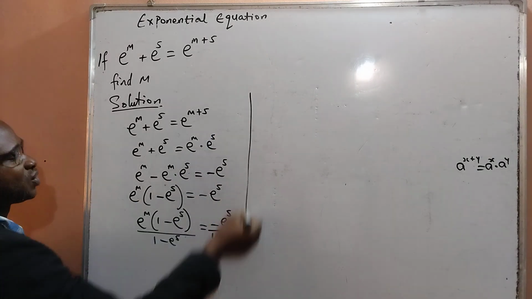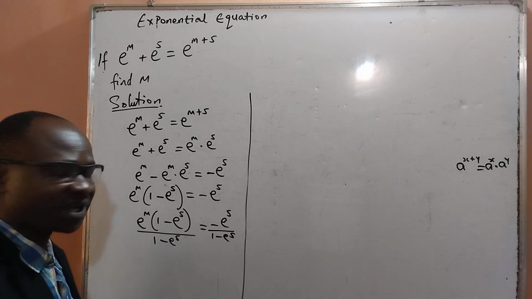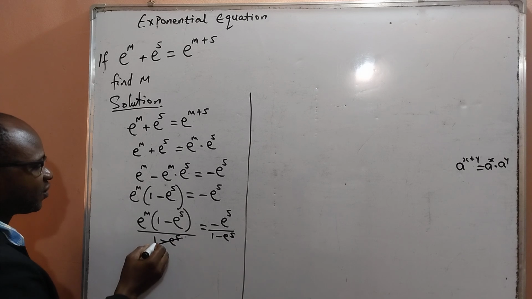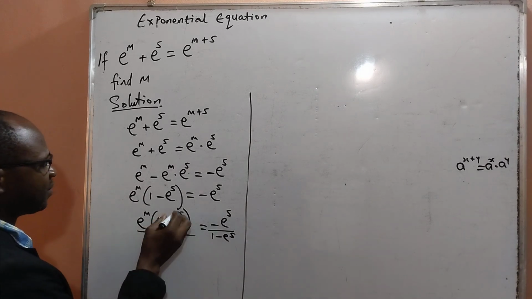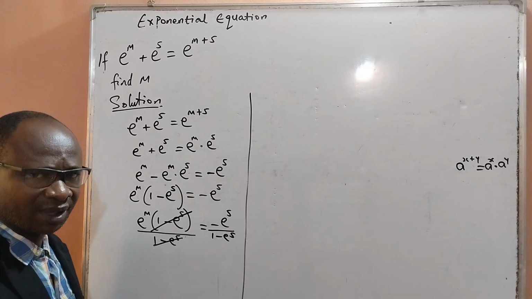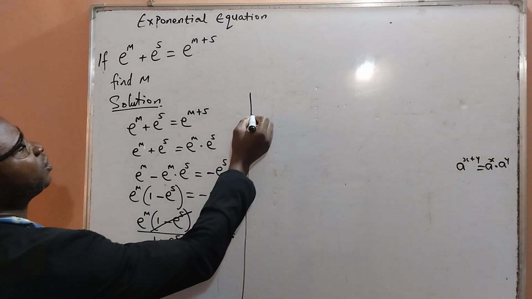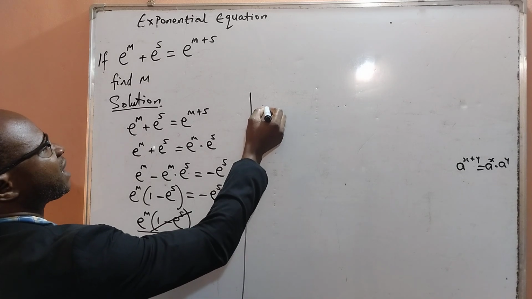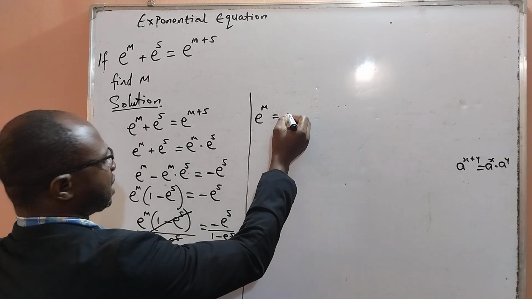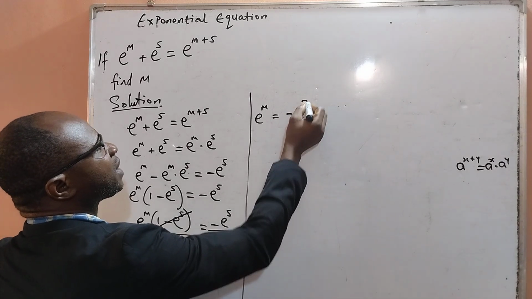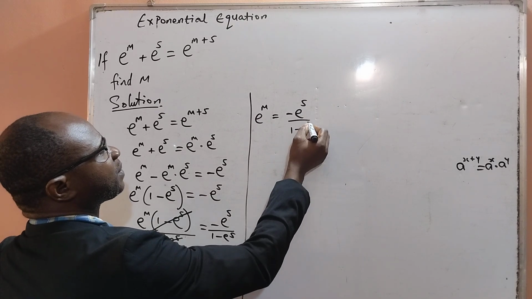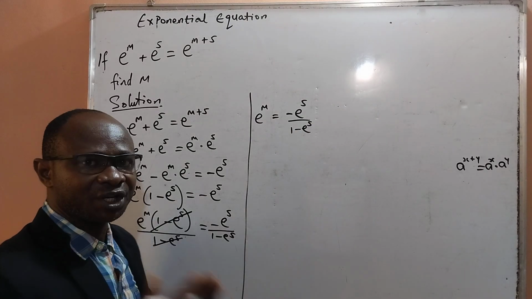When this happens, you will notice on the left hand side that 1 minus e raised to the power 5 cancels with the numerator, also 1 minus e raised to the power 5, leaving me with just e raised to the power n equal to, on the right hand side, minus e raised to the power 5 all over 1 minus e raised to the power 5.